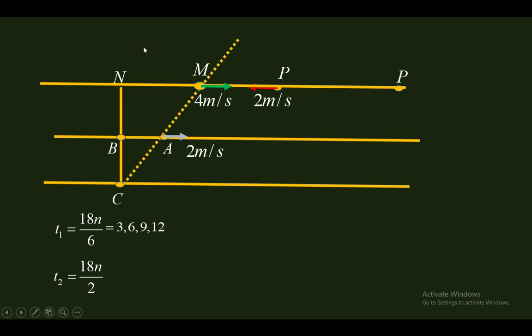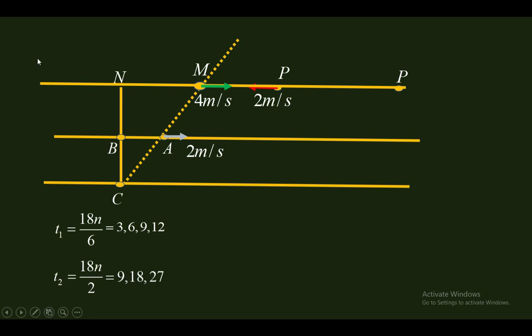So the first 18 meters will be covered in a time of 18 by 2. The second pole will cross N in a time of 18 into 2, that is the distance of the second pole from N, divided by 2, and so on. And these times will be 9, 18, 27. So at the end of 9 seconds, one pole will cross N, and that pole will be out of this NM window.